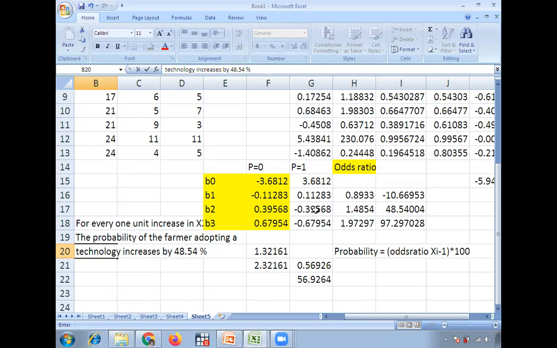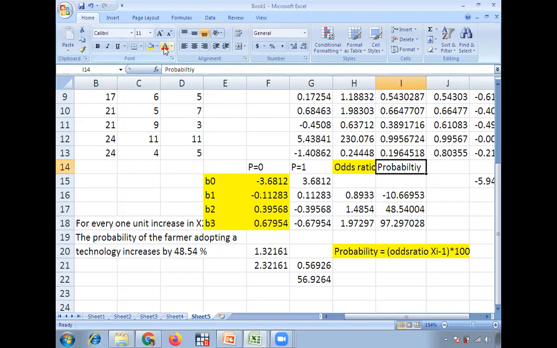Then we have to see the contribution of individual independent variables to the probability. So there we have to find the odds ratio, and then the probability is the odds ratio minus 1, times 100. By using this formula, we are finding the probability.